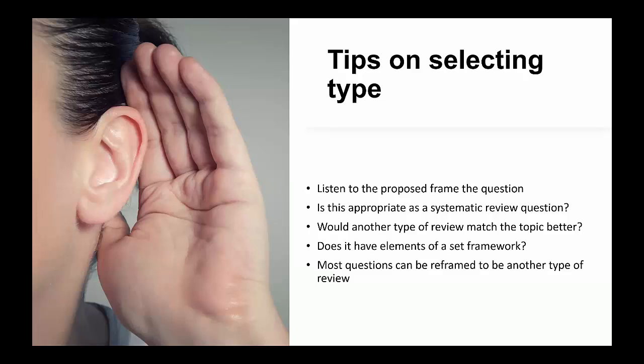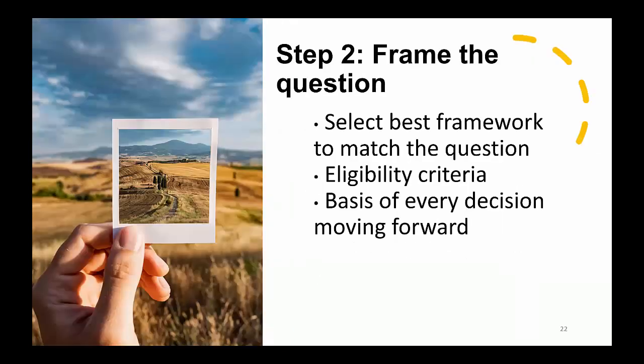We're about to go through several kinds of frameworks, but thinking about PICO and other frameworks, does it kind of match one of those? And any question can be reframed into another one, given working with them and answering more questions. So any of those that I just showed you could be turned into any of the other types. They were just examples to get you thinking here.